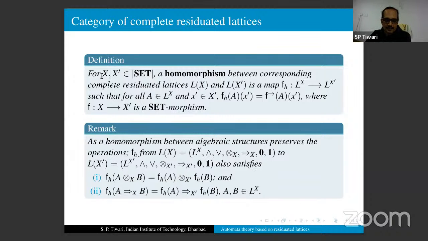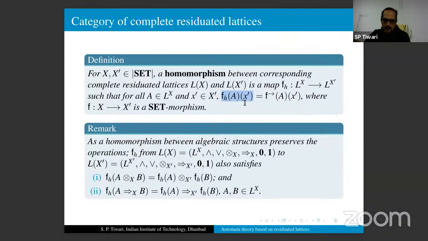So for X' belonging to Set, this is the notation of the category of sets, and if there are two objects of this set, we can define a homomorphism between residuated lattices, and this residuated morphism is given like this: f^→(A)(x'). This is the direct image of f of A at x'.